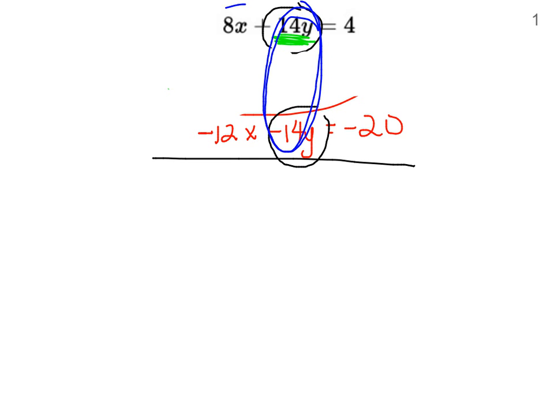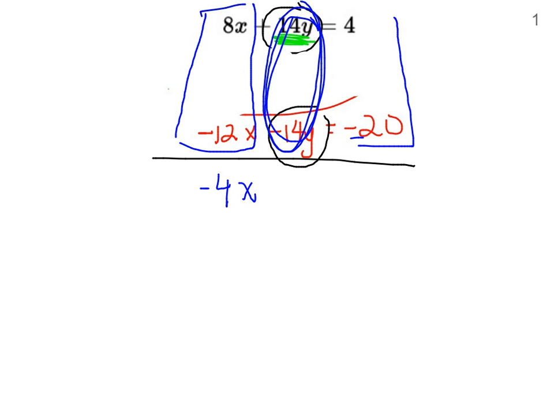Sorry, something funny just happened with my video here. So we have that 8x and negative 12x, that's negative 4x. We just have to add them up just like we added these to eliminate them. And then we have 4 plus a negative 20, that's going to be negative 16.